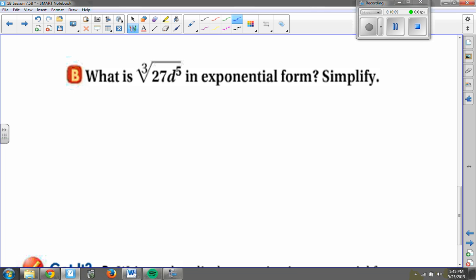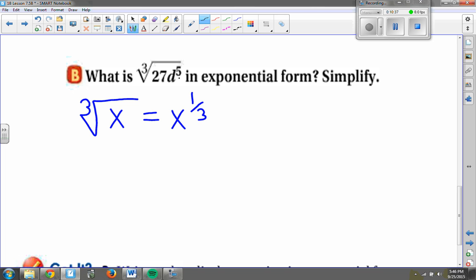This one, I'm going to take this third root and just remind you that the third root of something equals that thing to the 1/3 power. Right? So let's just say I put x. The third root of x is x to the 1/3. So I'm going to use that now to rewrite this expression with a 1/3 power instead of a cube root or a third root. Okay?